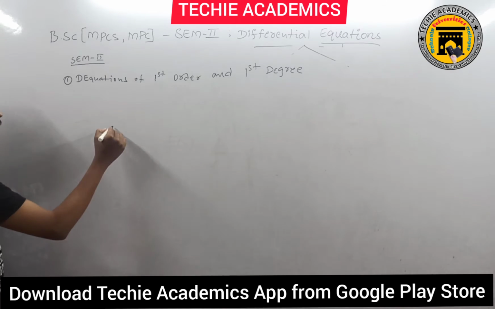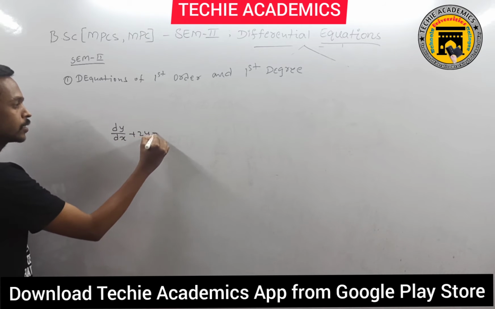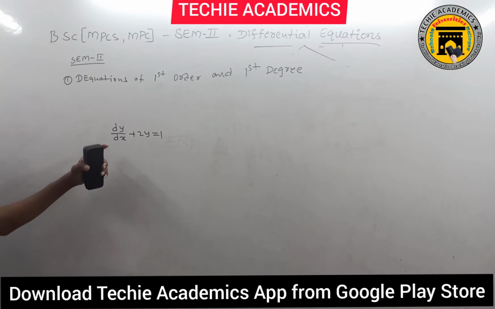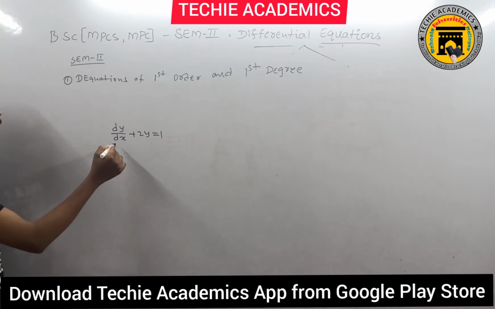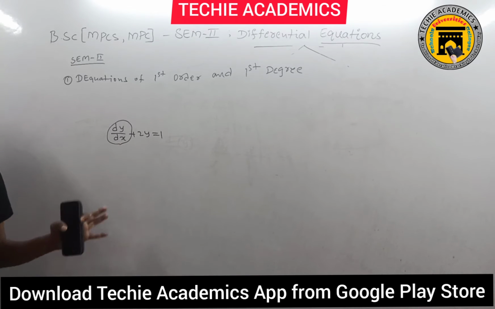In general, dy by dx plus 2y is equal to 1: here the order of this differential equation is 1. Order is nothing but how many times differentiation is involved; only the highest derivative involved in an equation is the order of the differential equation.